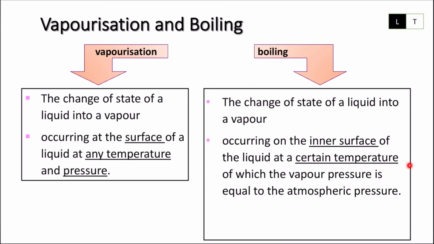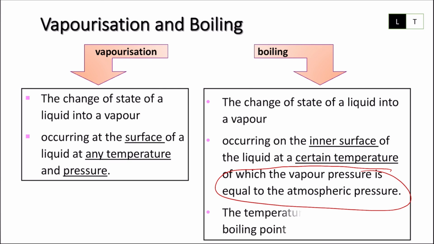And dia hanya berlaku at certain temperature di mana vapor pressure is equal to atmospheric pressure. Dan inilah yang kita maksudkan sebagai boiling point, iaitu temperature yang sudah reach the certain value where vapor pressure is equal to atmospheric pressure. Dan inilah yang kita panggil sebagai boiling point.